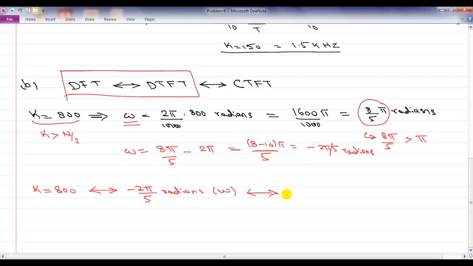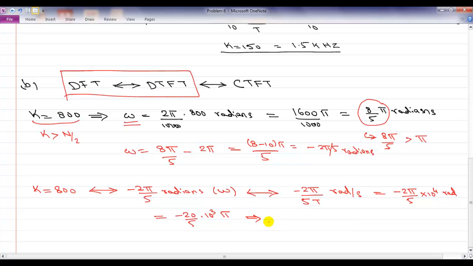We divide it by T. So we get minus 2π over 5 times T radians per second, which is equal to minus 2π over 5 times 10 to the 4 radians, which is minus 20 by 5 10 to the 3 π, or minus 4 10 to the 3 π.